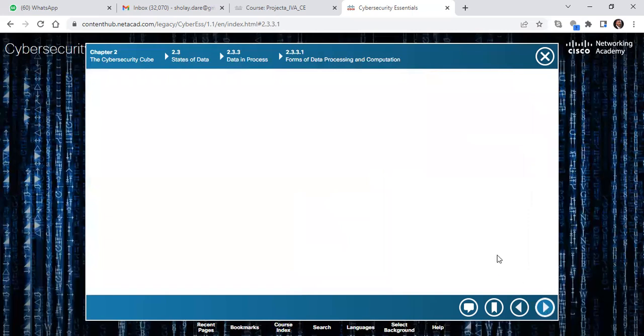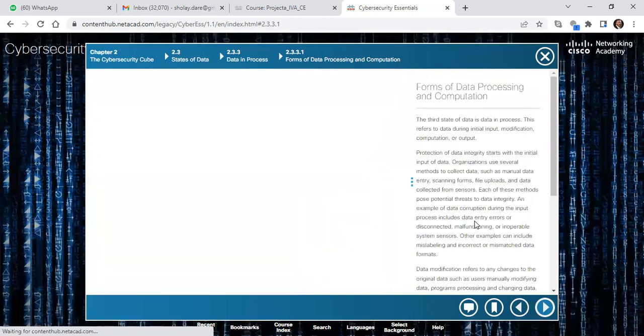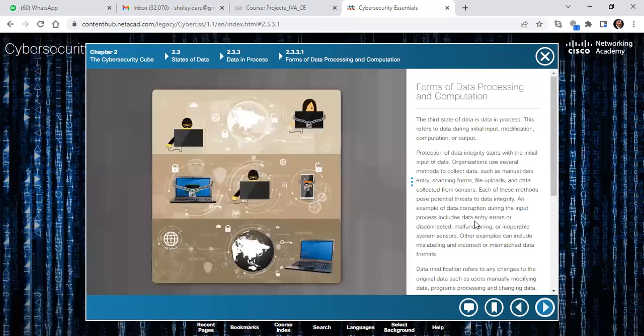So we're going to look at forms of data processing and computation when we get into the next class. Like I said, this class is 1 hour, and I'll be trying to see how I can increase it.